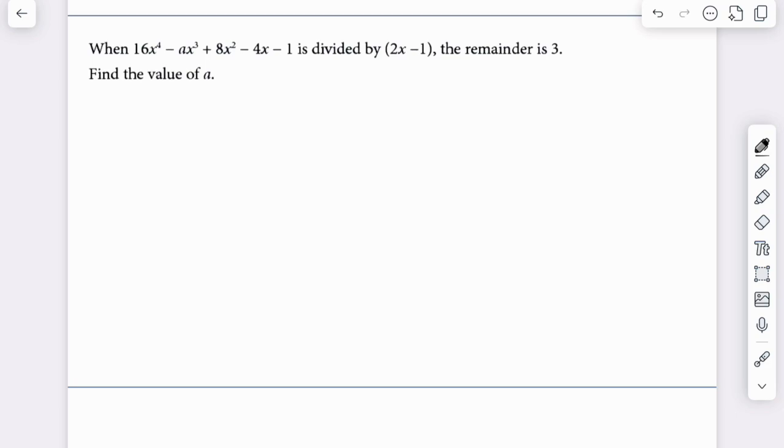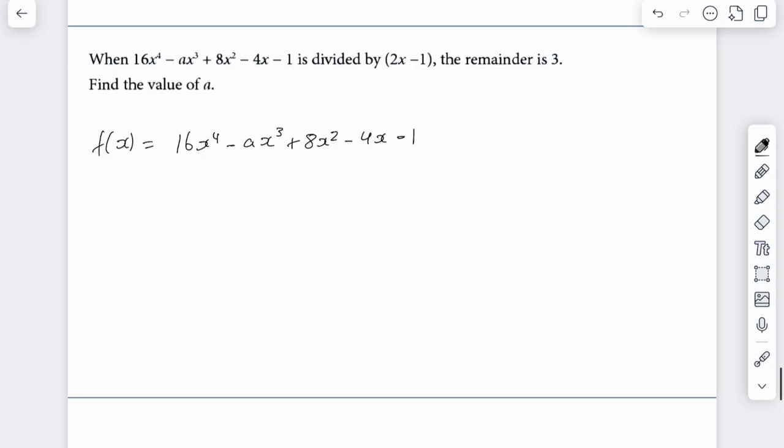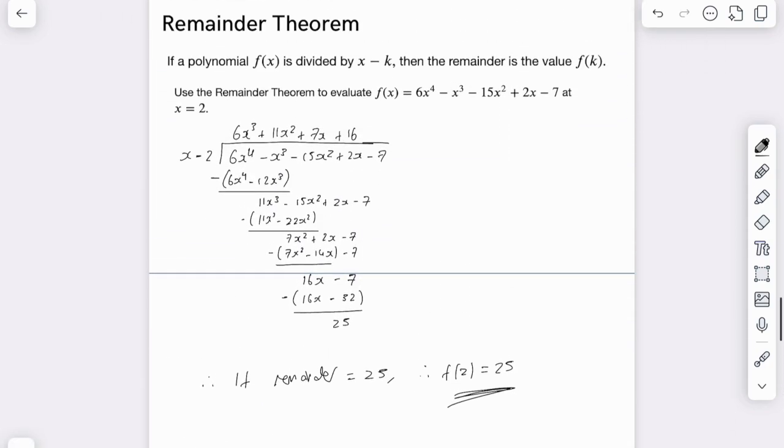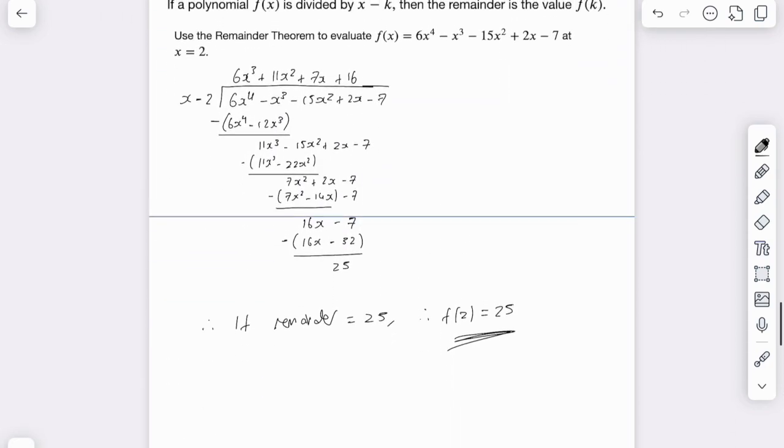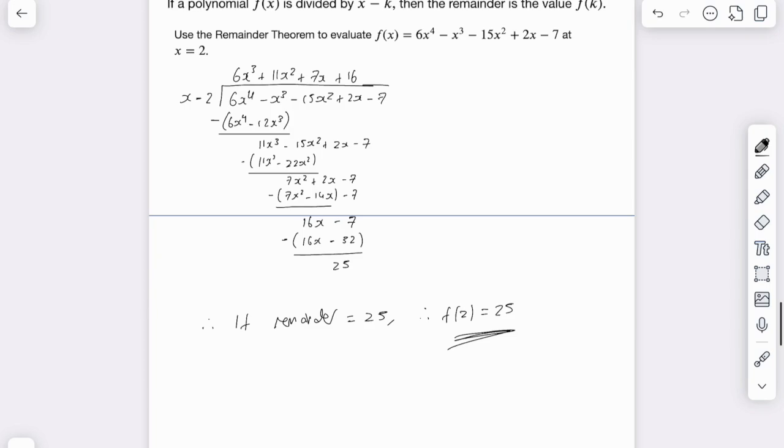Also quite simple though, because we know that f of x here is equal to 16x to the power 4 minus ax cubed plus 8x squared minus 4x minus 1. And it's divided by 2x minus 1, which means that the remainder must be the value.